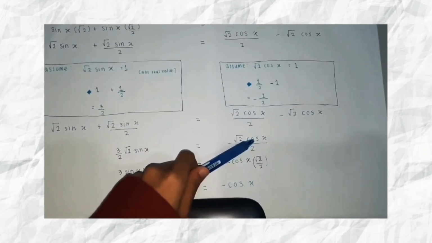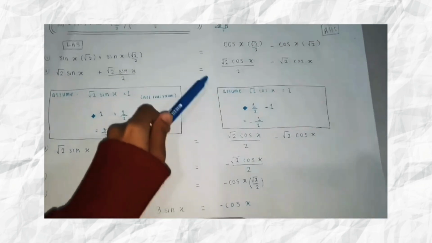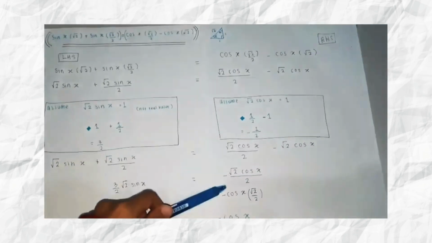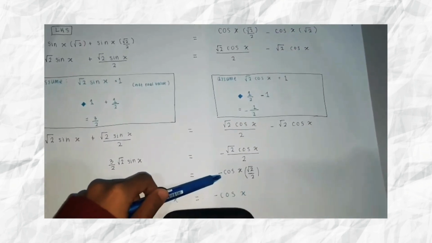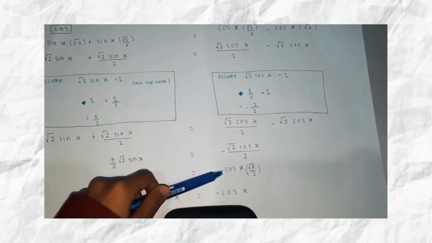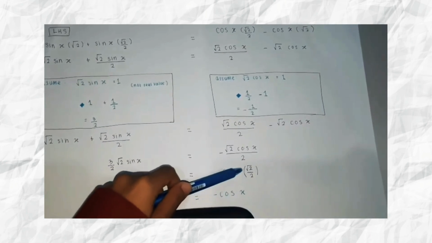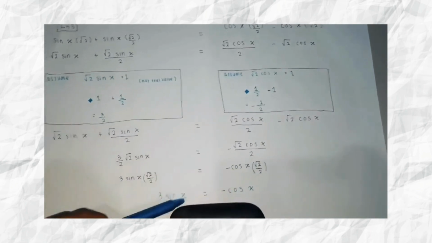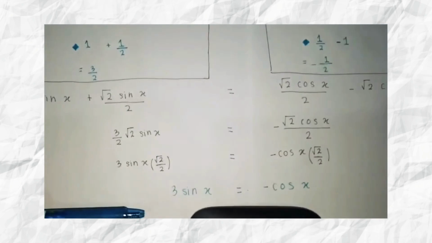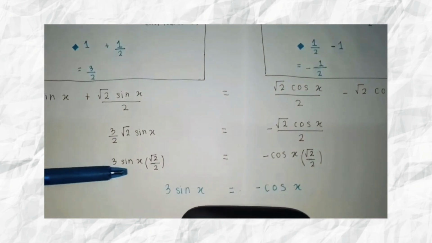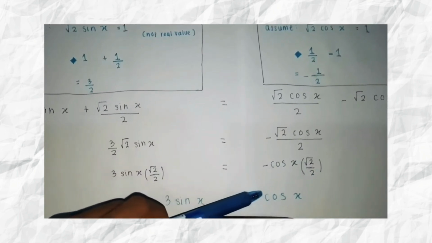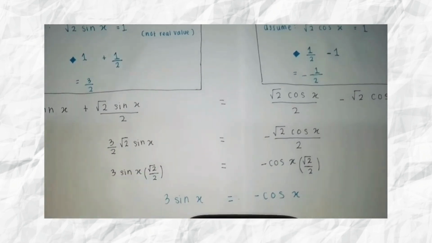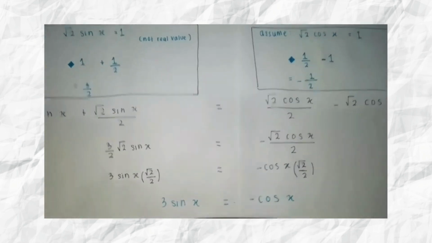I put it like this, like the first step. So it will turn into negative cos x square root 2 over 2. So here you could see here and here it's the same. That's why I arrange it, so we could see it more clearly.